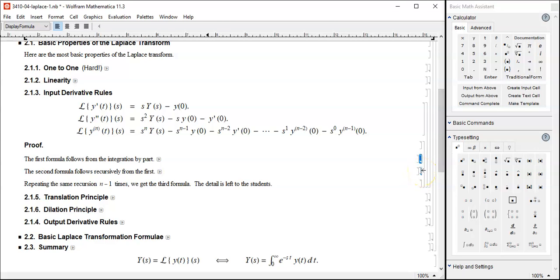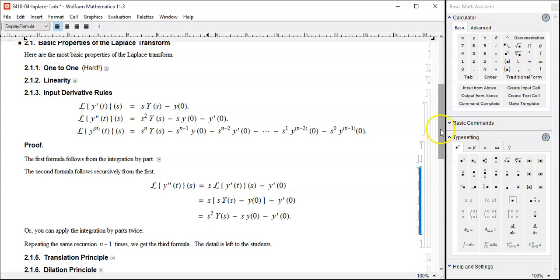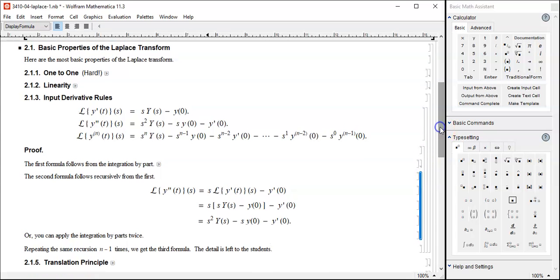Now, how do you go about the second formula and others? One way is to do this integration by parts twice, thrice, and so on. But here I decided to do a little bit more clever way. Use the first formula using y double prime. Instead of y prime, you put y double prime in there.